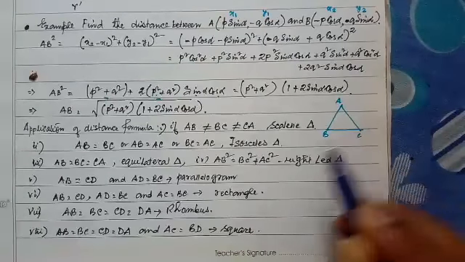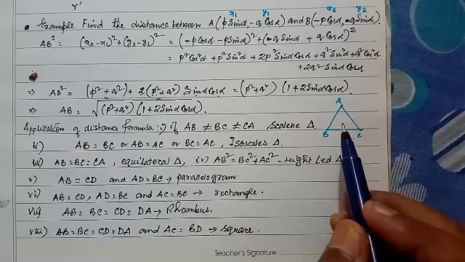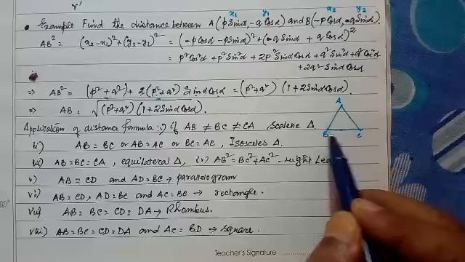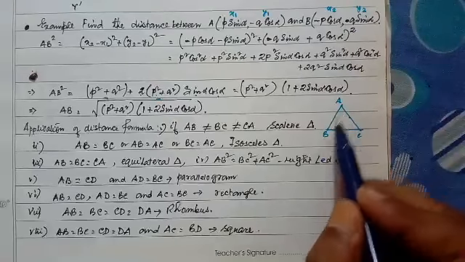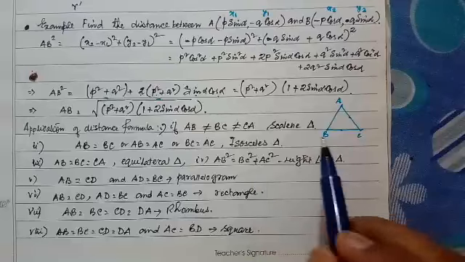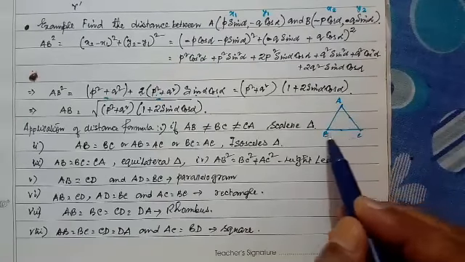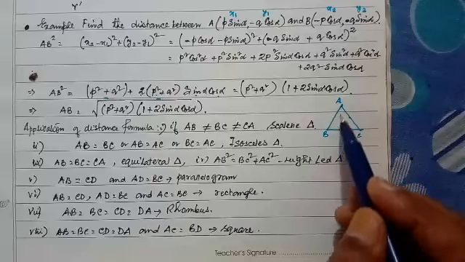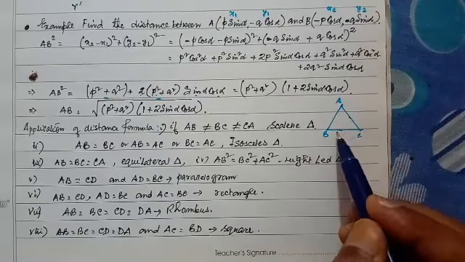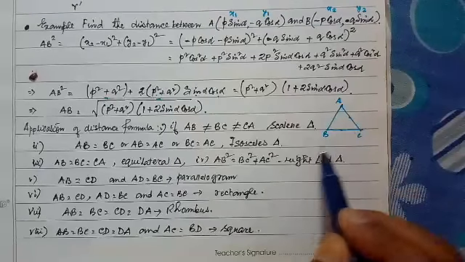if we see that AB is not equal to BC is not equal to CA, that is all the three sides, measurement of all the three sides are different, then this is the scalene triangle. Number 2, if we see that AB is equal to BC or AB is equal to AC or BC is equal to AC, that is measurement of any two sides are equal, then this is an isosceles triangle.